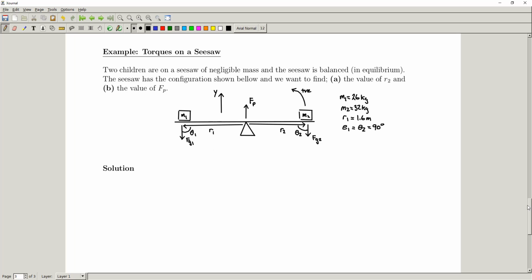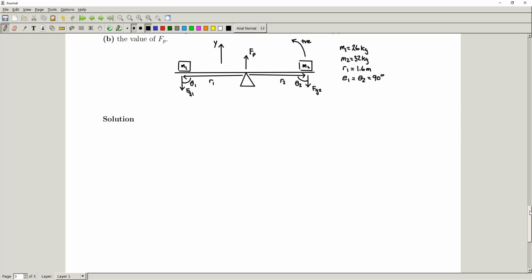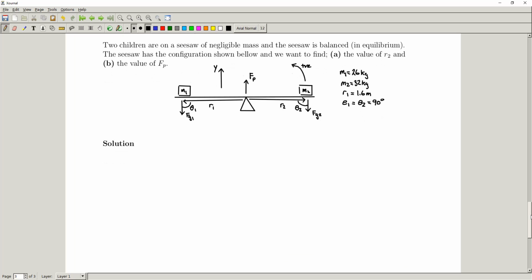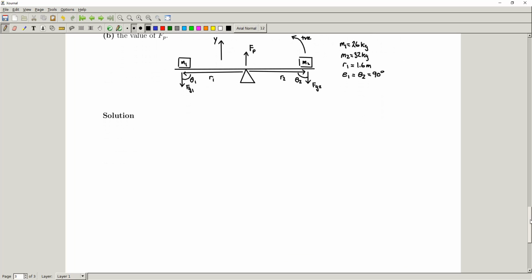Okay, so let's get right to the problem here. I think I have some numbers that I've calculated here. Okay, so we're told originally that the system is in equilibrium, right? That this thing is not moving, that the whole thing is balanced. And so what does that tell us? Well, let's take a look at the second equilibrium condition.